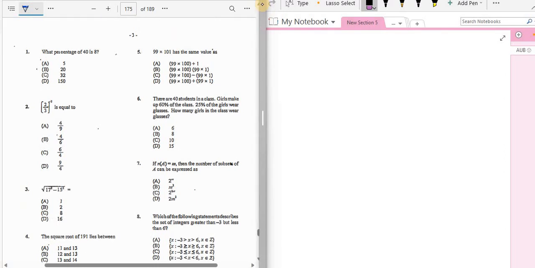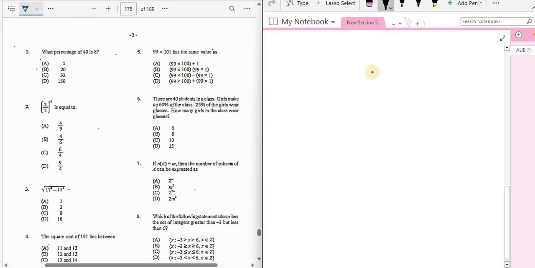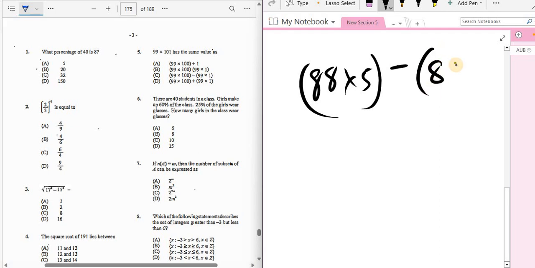This is set notation, 2 to the m power. What if they gave you something like this: 88 times 5 minus 88 times 46, for instance? You know you can actually factorize this, right? Factor out 88.